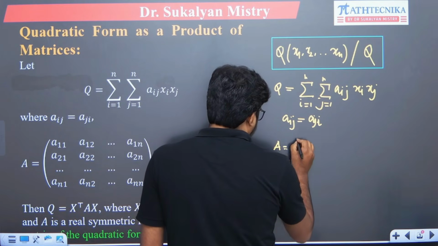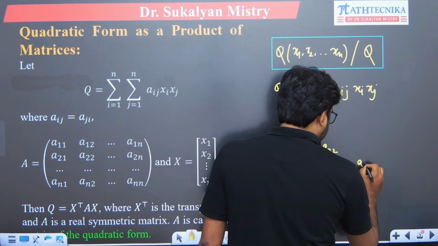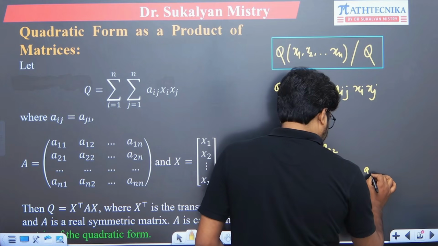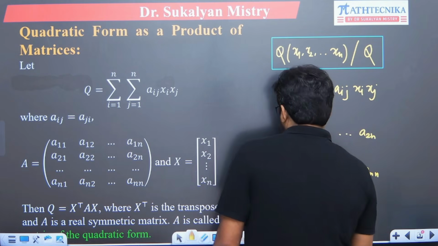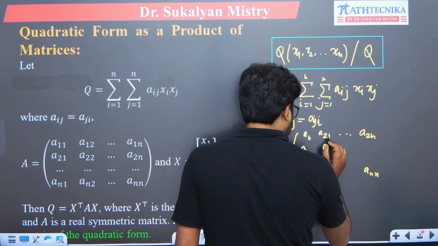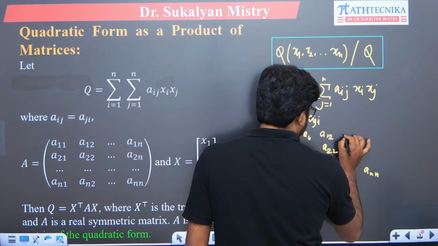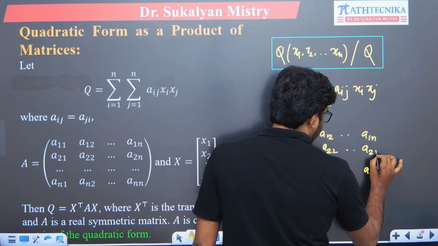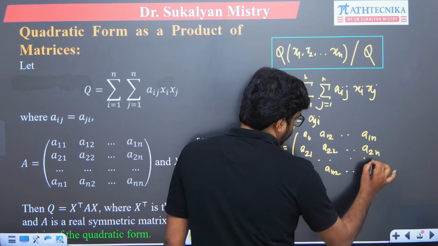The associated matrix will be a11 a12 up to a1n, a21 a22 up to a2n, up to an1 an2 up to ann.